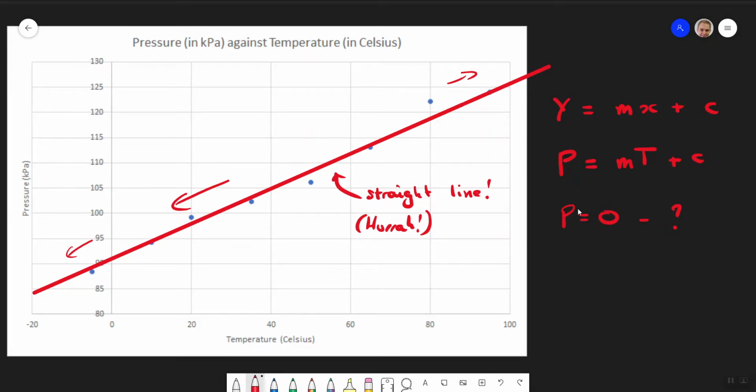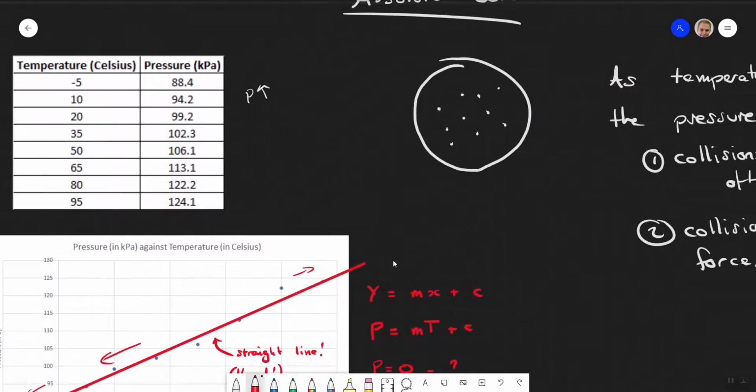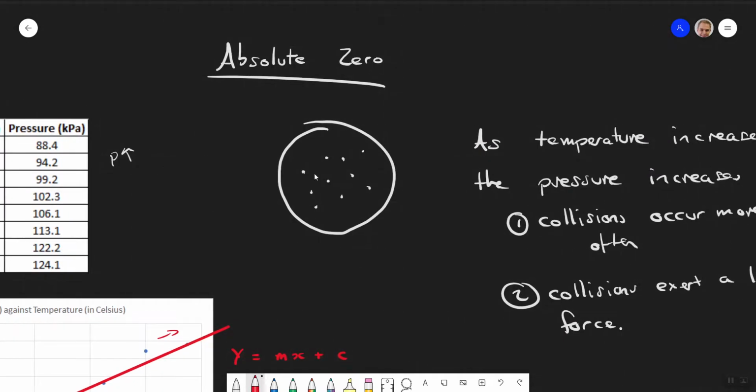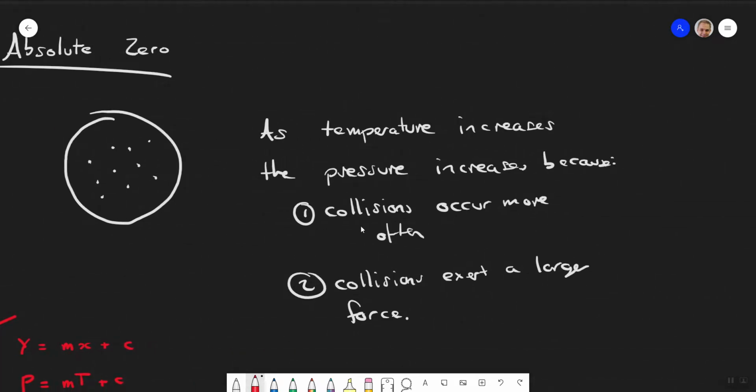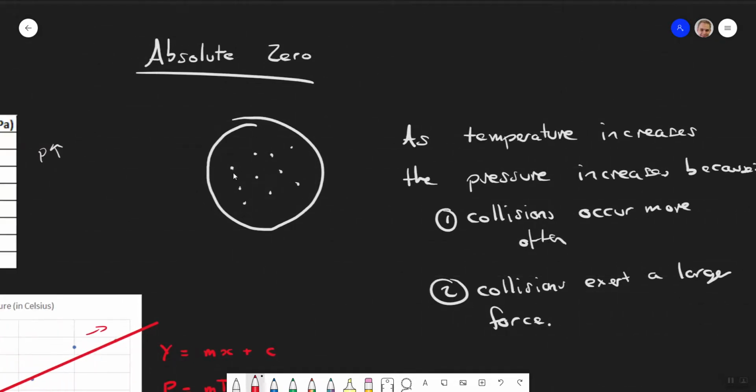Well, let's go back to our little container and see. That would mean that these particles are no longer exerting any pressure on it. For P to be 0, there must be no pressure.